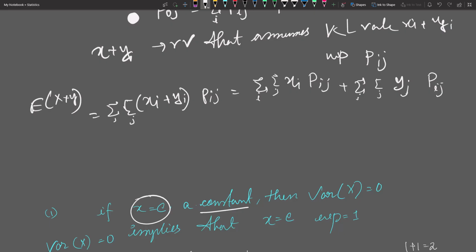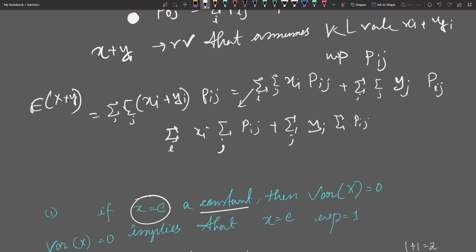And after that, from these we know this one and this one, plus summation this one and this one.